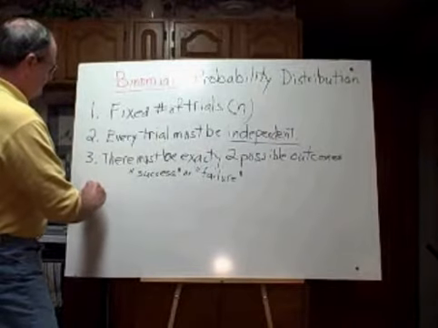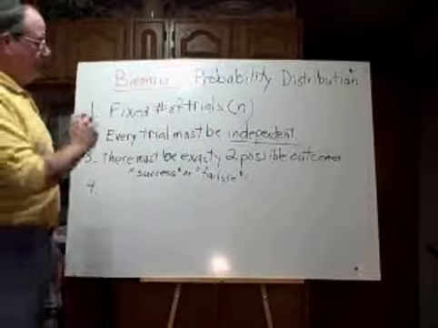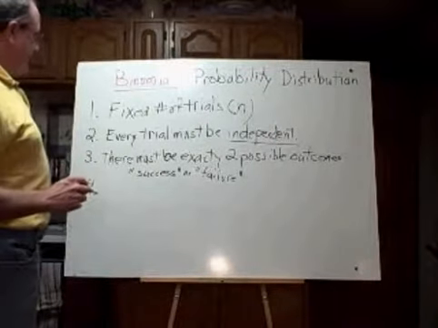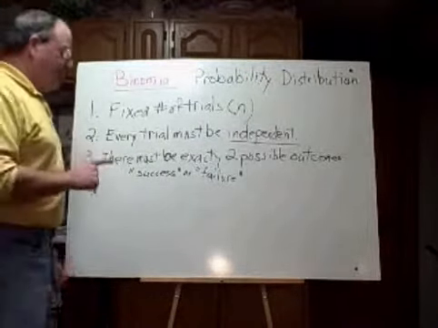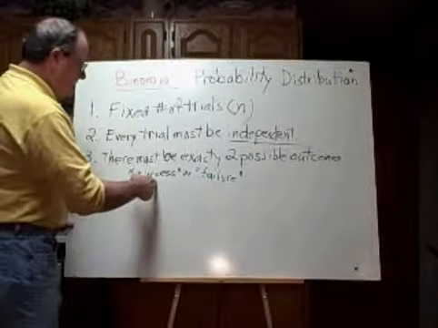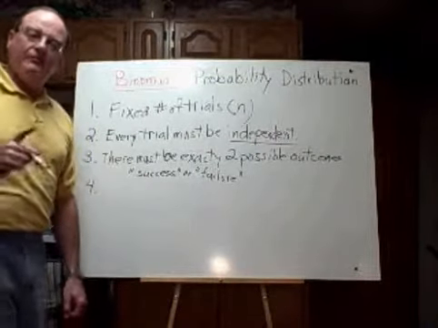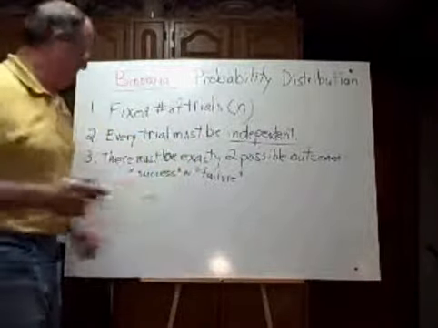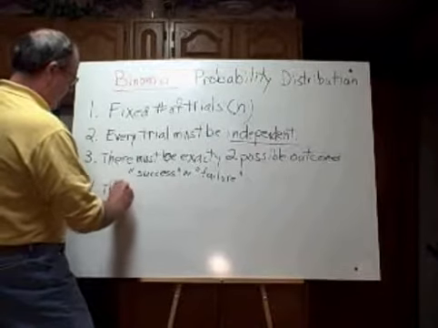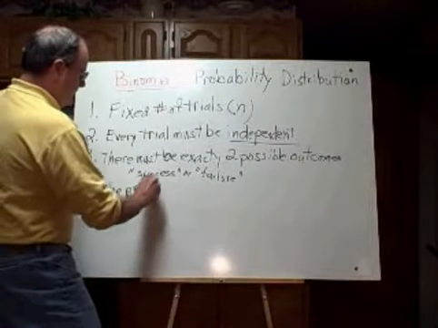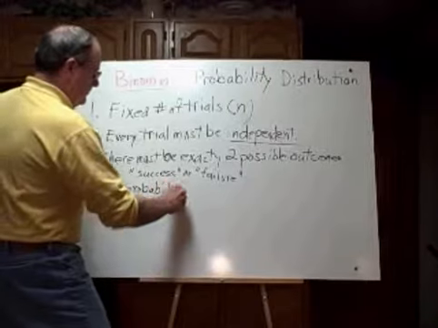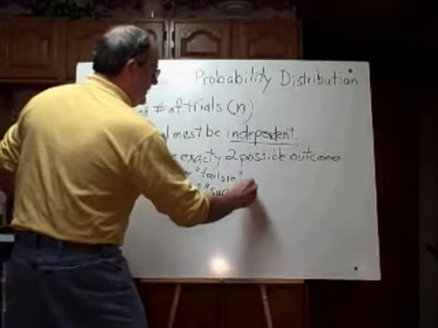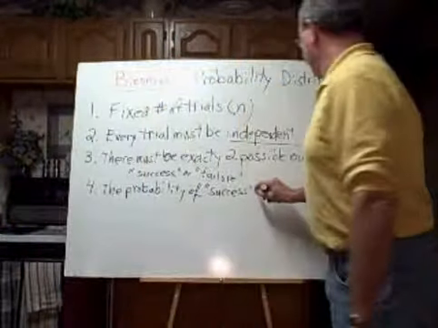Okay, and number 4, the last absolute requirement in order to have a binomial distribution in my situation is that the probability of getting a success event, the probability of success, must be the same for every trial.